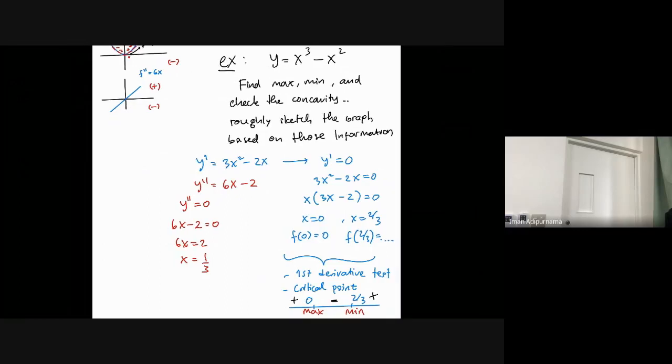And checking the second derivative test, it only has one point. Checking 0, it's negative. Checking 1, it's positive. So negative to positive.